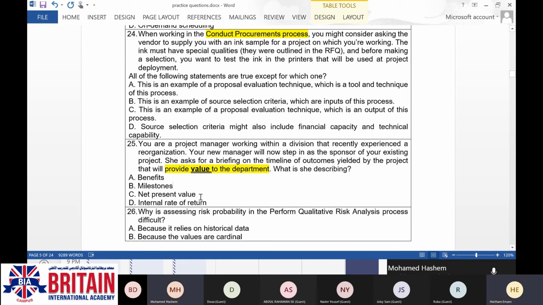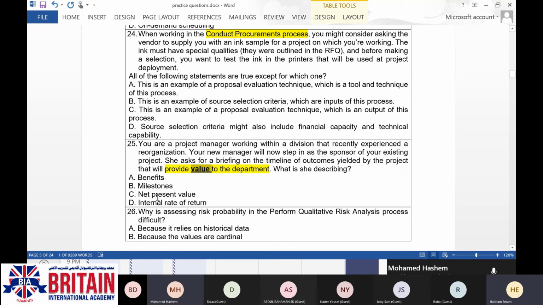We have to differentiate between the deliverables, the milestones, and the value. Value means the business need, why I have undertaken this project. The key word here is provide value. Is it clear?